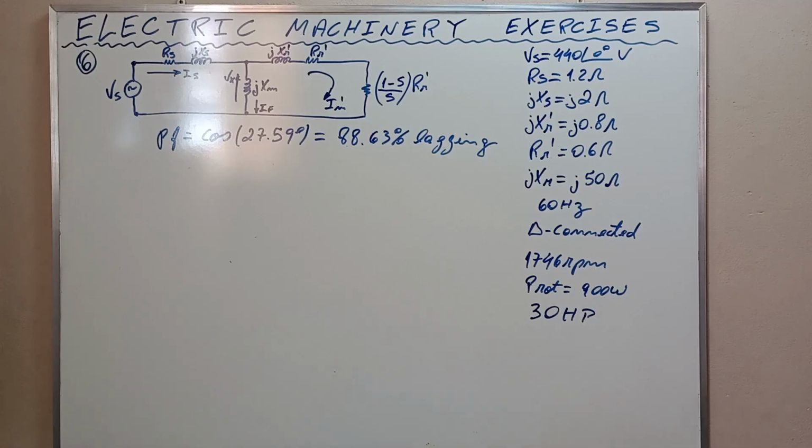For a delta connected machine, the phase voltages are equal to the line voltages.